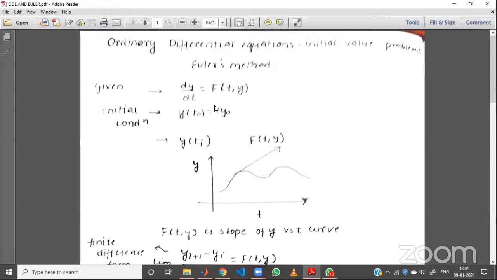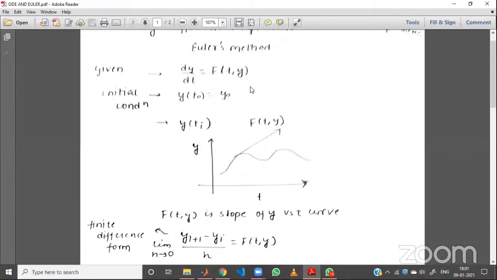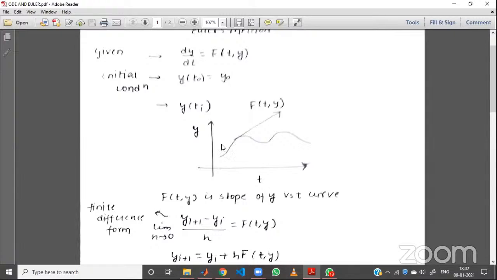We know our ordinary differential equations look like dy by dt equals f of t comma y, and let's initialize y of t0 equals y0.